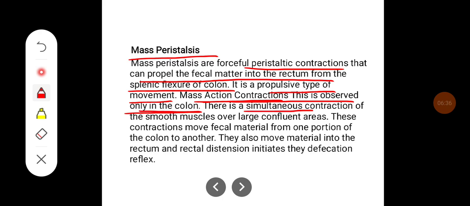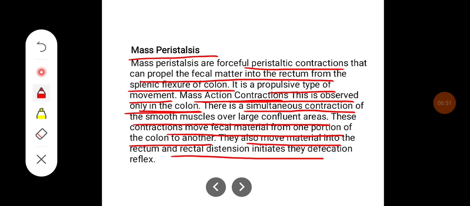There is a simultaneous contraction of the smooth muscles over large confluent areas. These contractions move the fecal matter from one portion of the colon to another. They also move material into the rectum, and rectal distension initiates the defecation reflex.